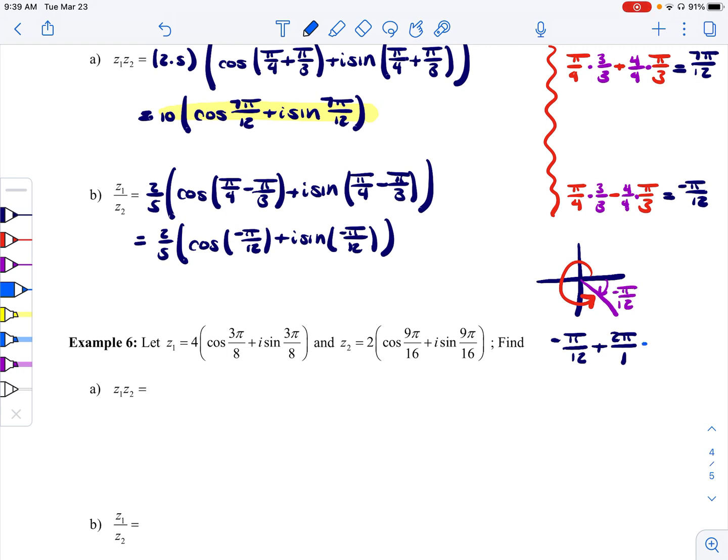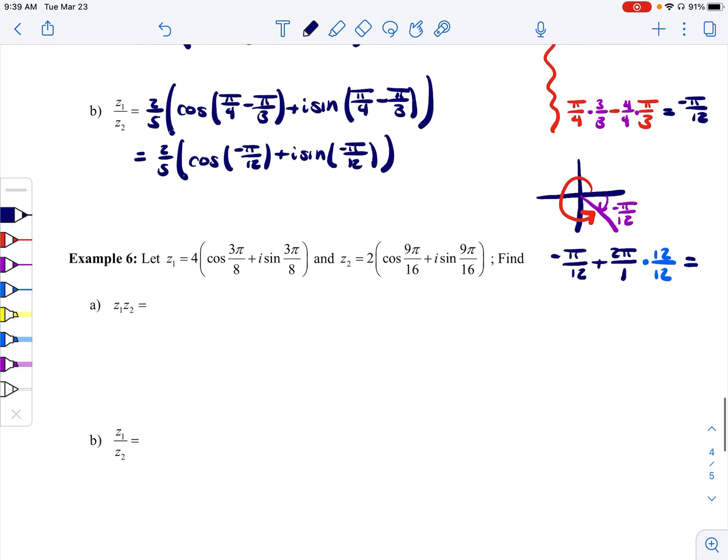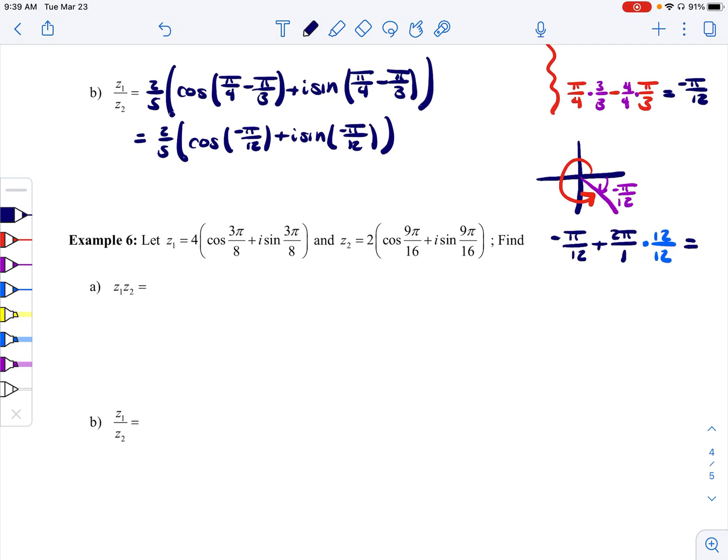Again, just think common denominator. I don't know why I just multiplied by 4, that was wrong. Times 12 over 12. So this would be negative pi over 12 plus 24 pi over 12, which is 23 pi over 12.